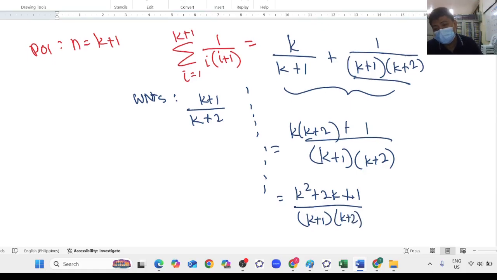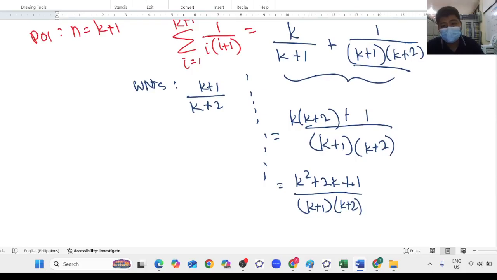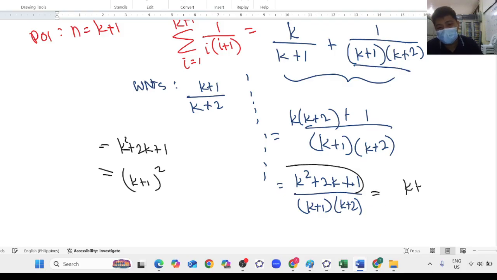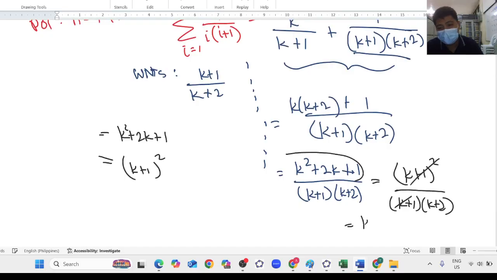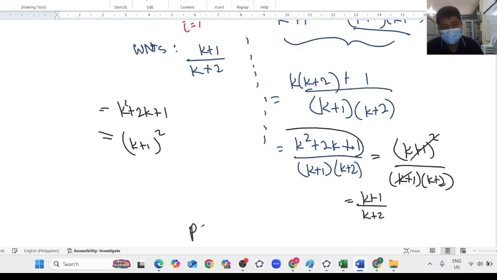Here, we can write k squared plus 2k plus 1 exactly as k plus 1 quantity squared. And that is k plus 1 squared over k plus 1 times k plus 2, and what remains is k plus 1 over k plus 2. And that shows that P of k implies P of k plus 1.